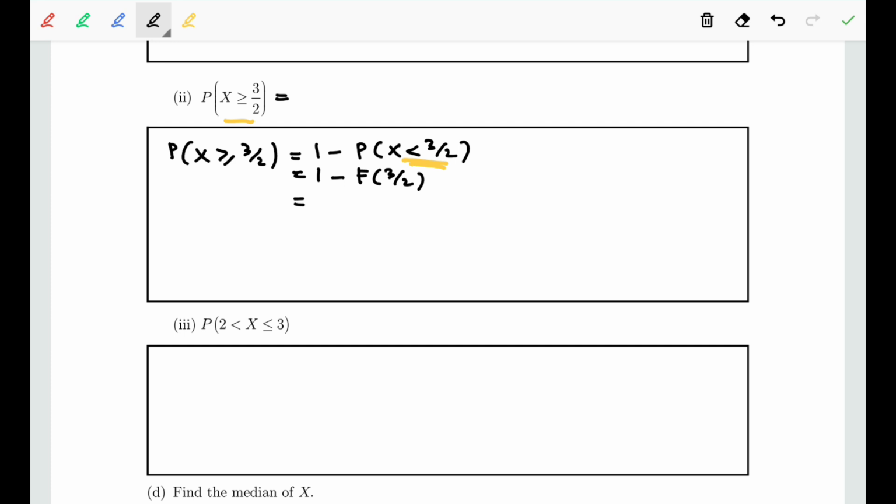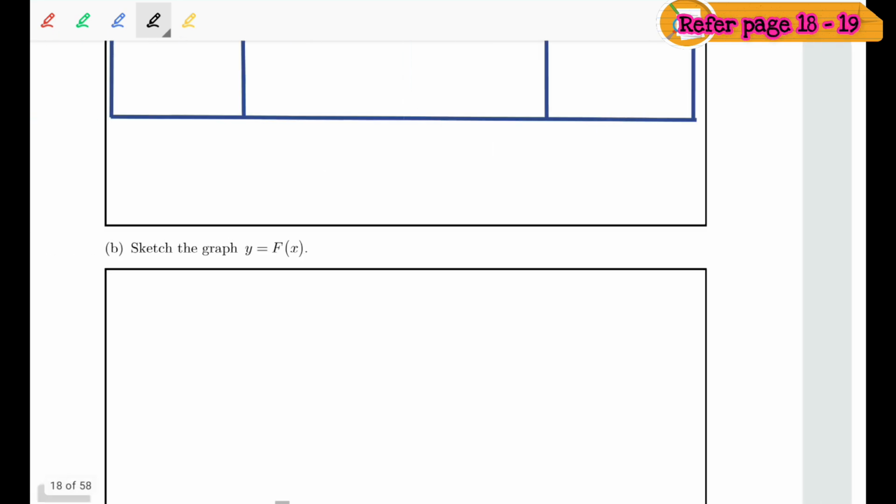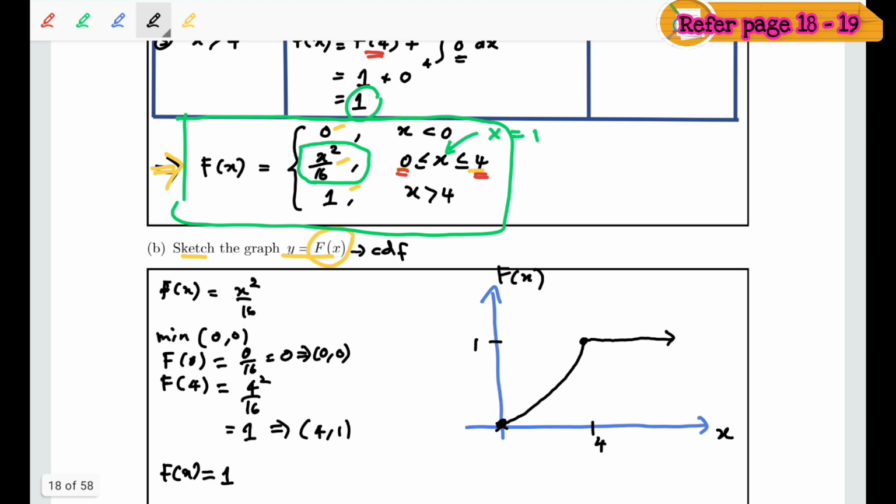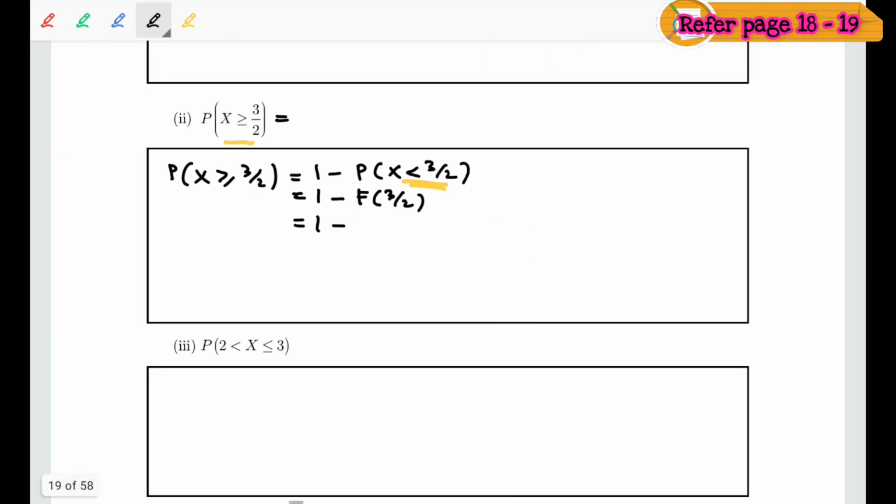We are not going to integrate once again because we have found the CDF. So we substitute 3 over 2 into the correct function. Back to our CDF, 3 over 2 is 1.5, which is obviously between 0 and 4, so we substitute into the same function.